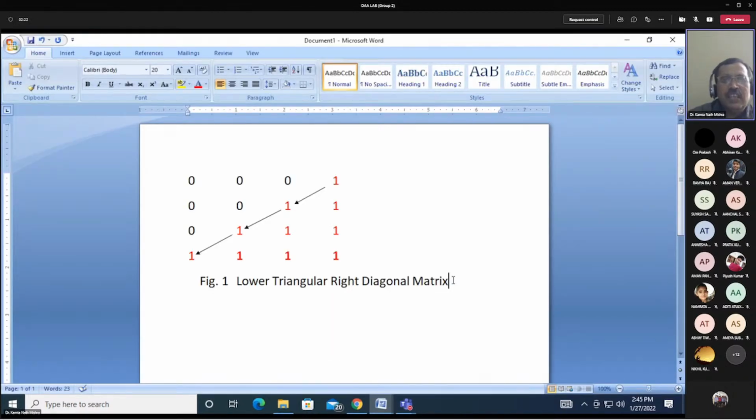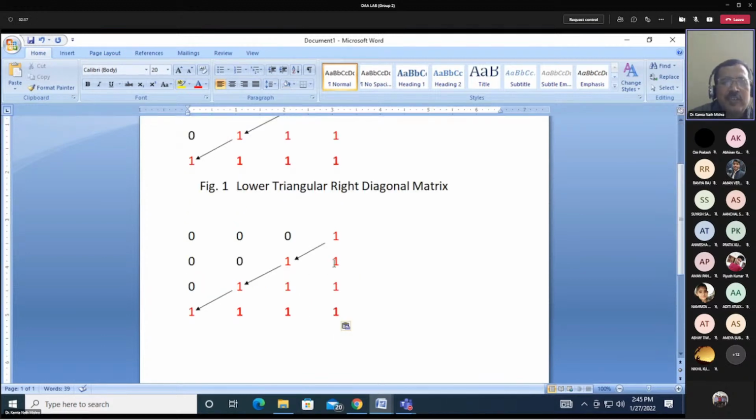So now let's see. This is question 1 for today, and question 2 for today is: write a program to construct an upper triangular right diagonal matrix.